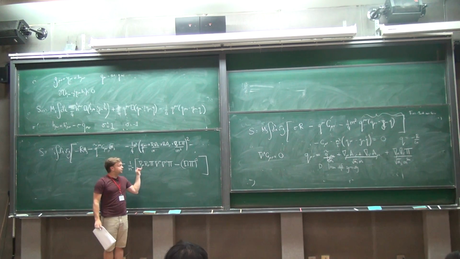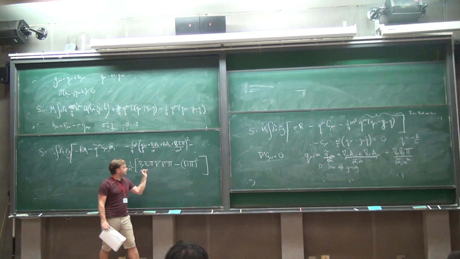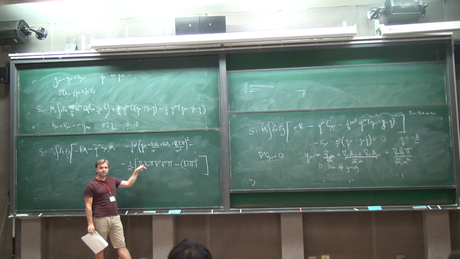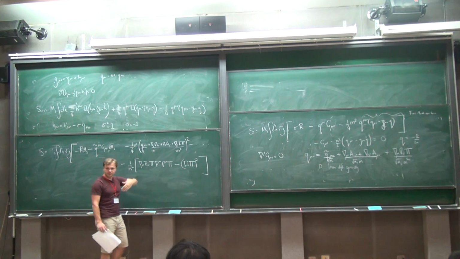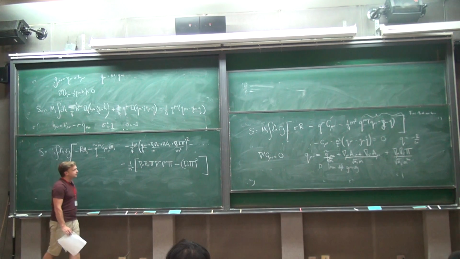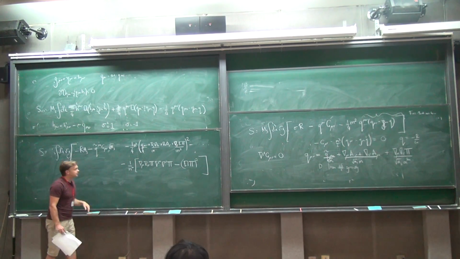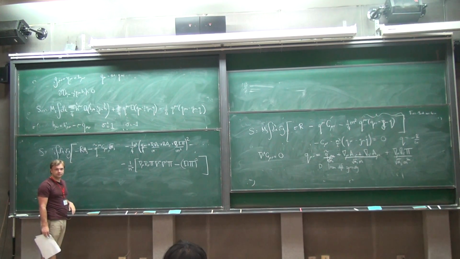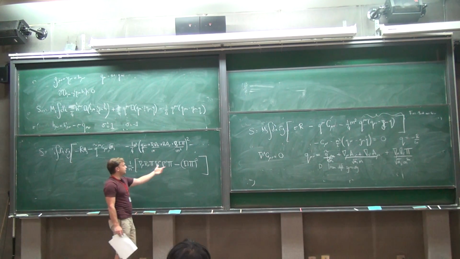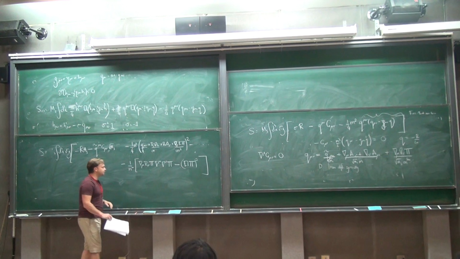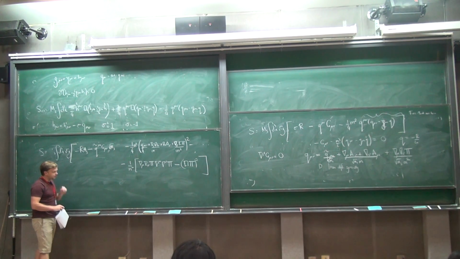Now, before when we had this piece, we were looking at this in Minkowski space. These weren't covariant derivatives, these were ordinary derivatives. And in that case, this was a total derivative, and so we just threw it away. In the present case, it's not a total derivative because these are covariant derivatives, and covariant derivatives don't commute with each other, up to the Riemann curvature.